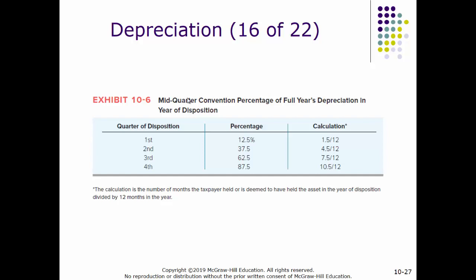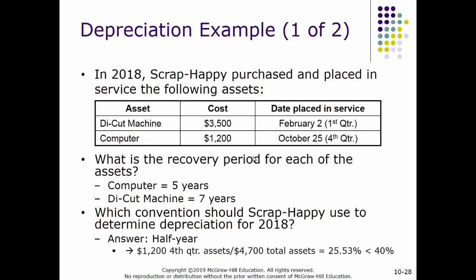Therefore, the company would have been deemed to own it all the way through the end of July, which is 7 months, plus half of August, which is 7.5. So that's where this 7.5 comes from, divided by 12, gives you 62.5%. So the company can deduct 62.5% of a full year's depreciation for that particular year. And that's the mid-quarter convention percentage in the year the asset's disposed of.